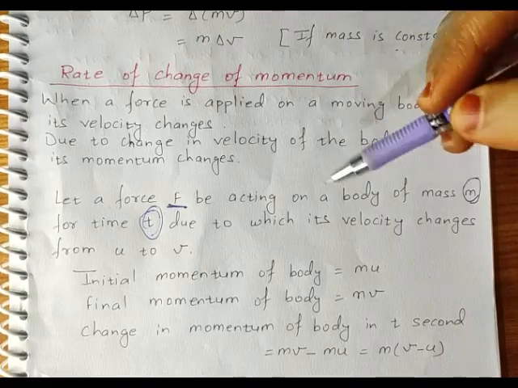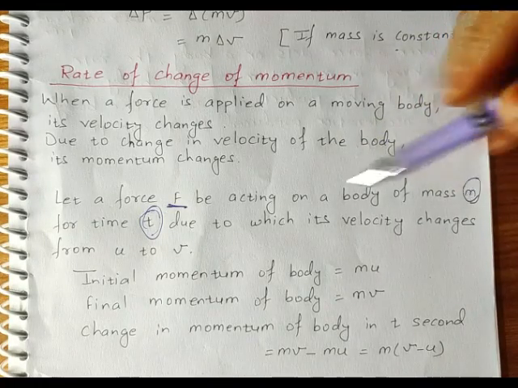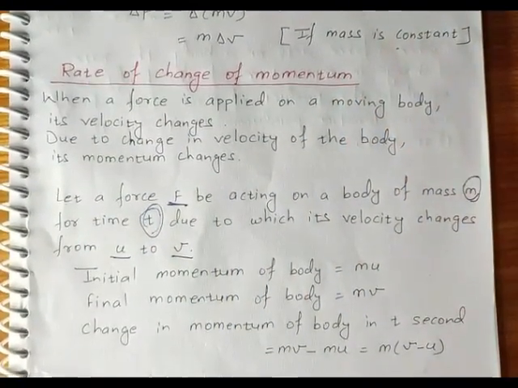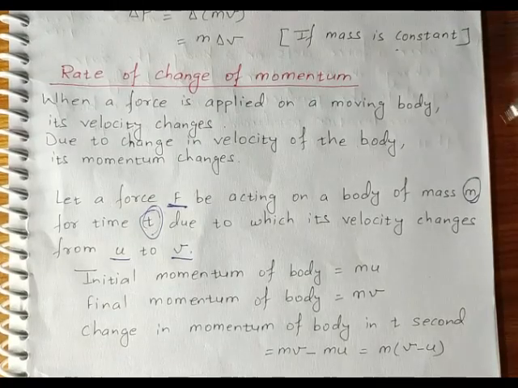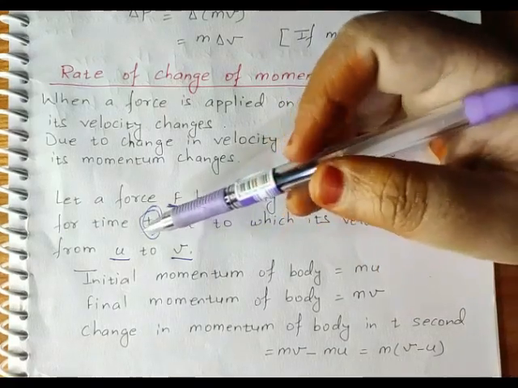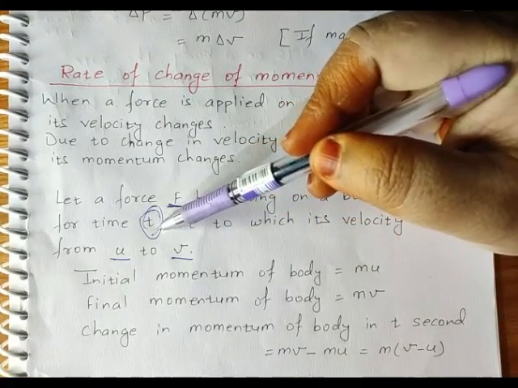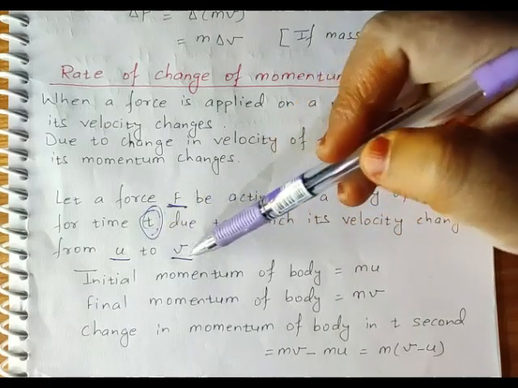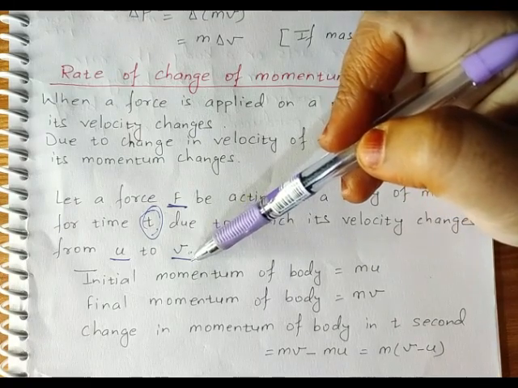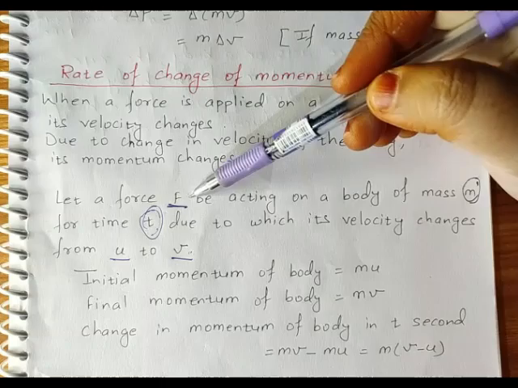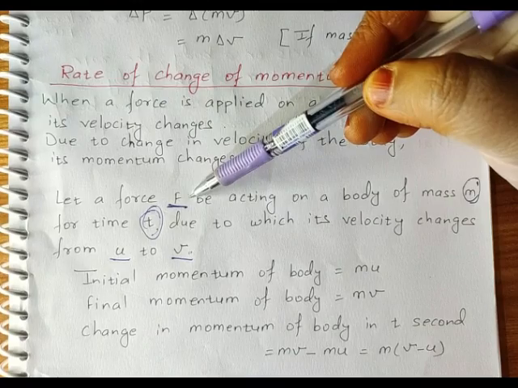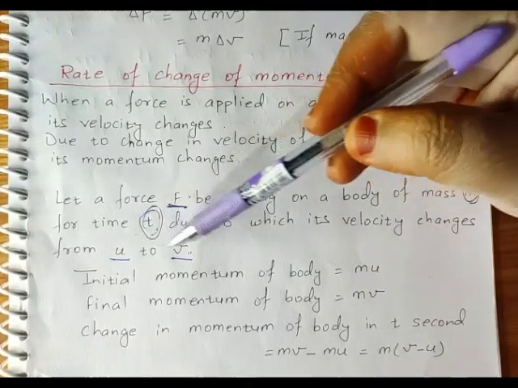T time, due to which its velocity changes from U to V. There is a body whose mass is M. It is moving, and for time t its velocity changes from u to v, initial velocity to final velocity. And what is the reason for the change in velocity? F force is acting on the body. You applied force F on the body, so its velocity changed from u to v.